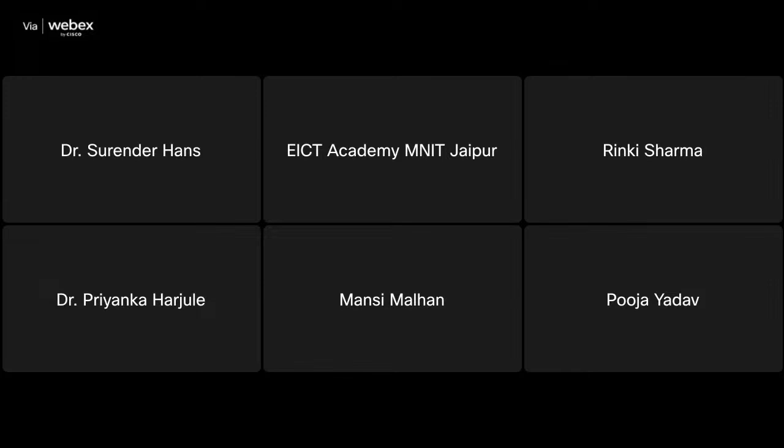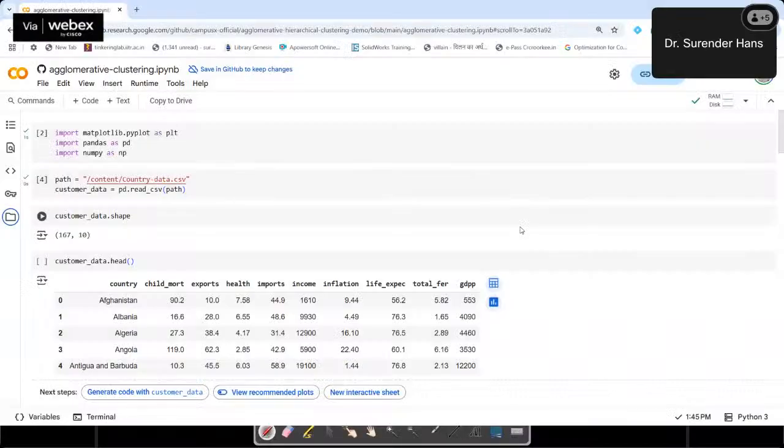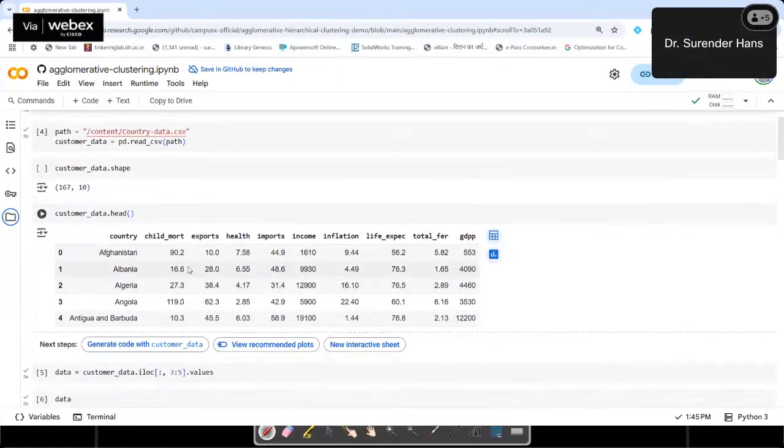Here I took one data set of countries. There are more than 150 countries here, with features like export, health, income, inflation.